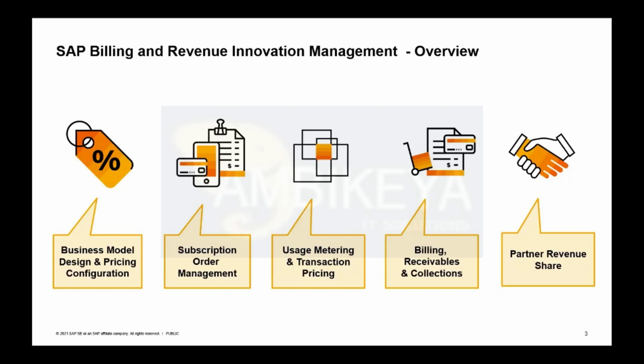So everywhere when we don't have inventory goods, we use BRIM, where we have subscription components, which means we create recurring components, or we have a lot of consumption where we consume products. We use BRIM. We have here the possibility to do the business modeling and the pricing configuration.